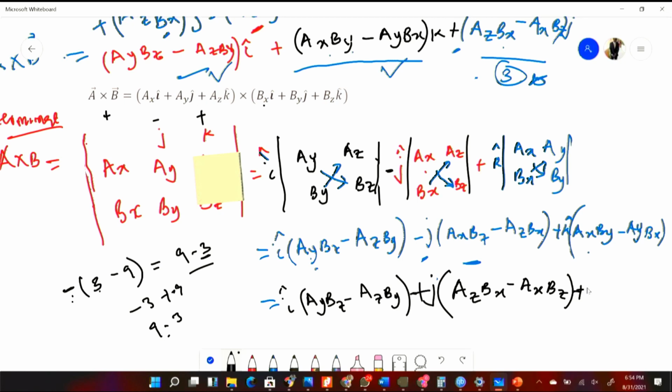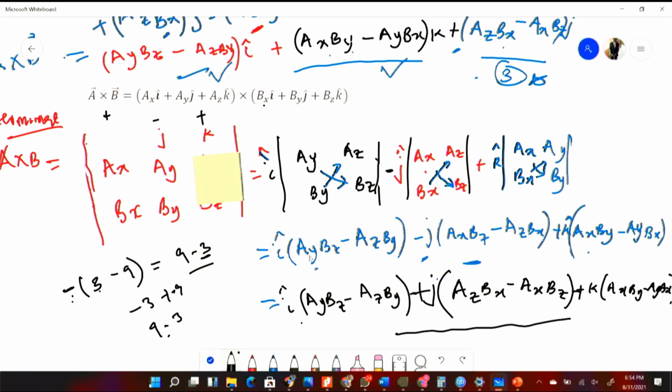Then we have this as follows. So everything becomes ax by minus ay bx. So we have this just the same way we have that. Correct? So that is how we get it. Our components are all accounted for.